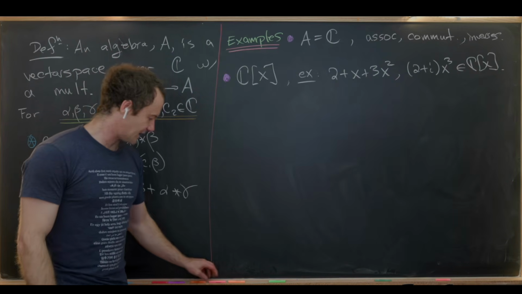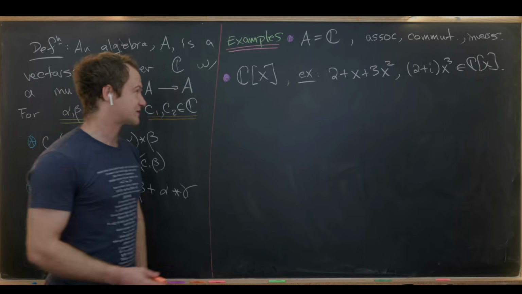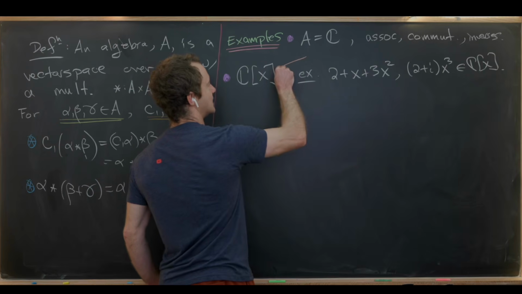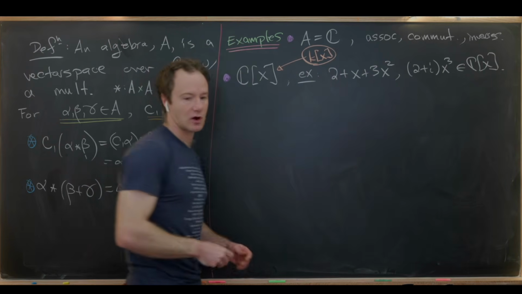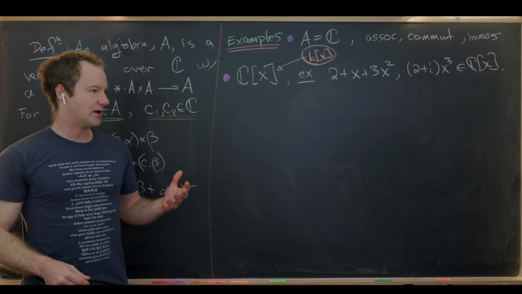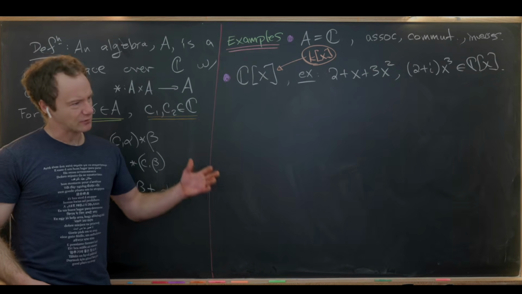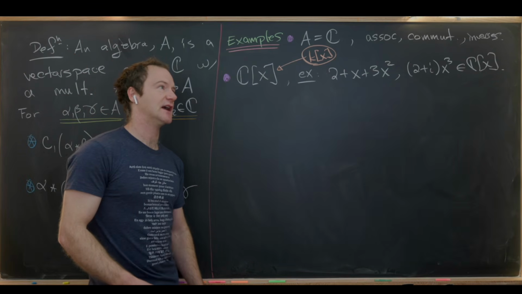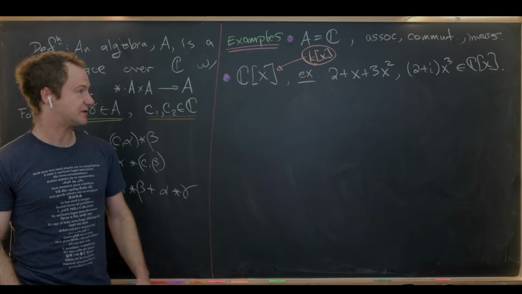And maybe at the end of a first semester abstract algebra class, you would study a lot of things about K adjoin x, where K is an arbitrary field. You wouldn't really say the word algebra for some reason, but you would definitely think about it as a ring, and you prove that it has unique factorization and all sorts of interesting stuff.